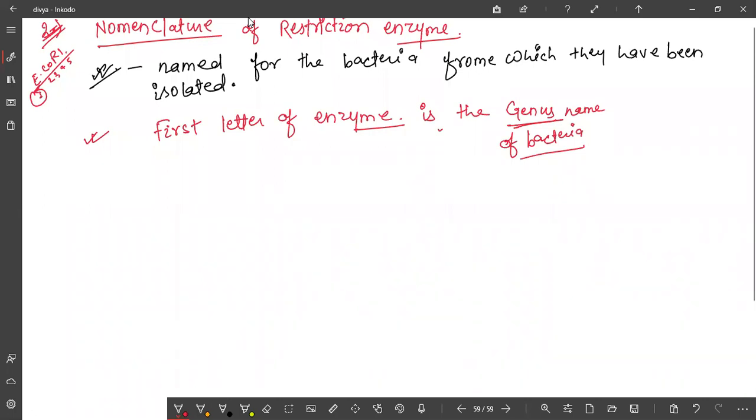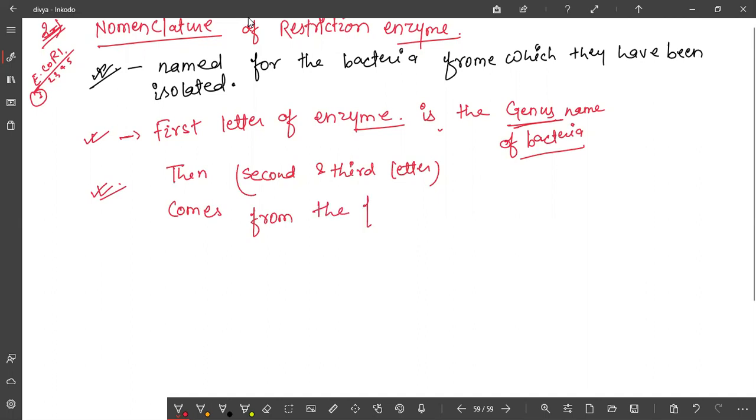Next, the second and third letters come from the first two letters of the species. I will explain this.